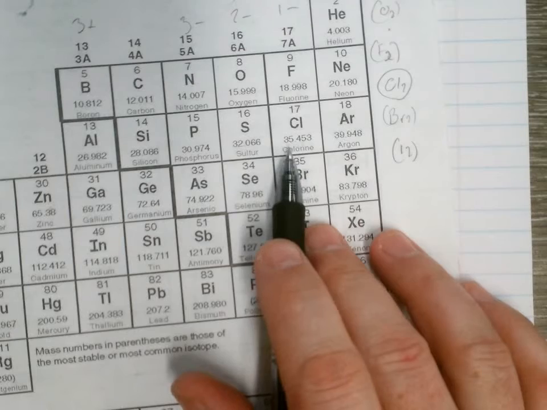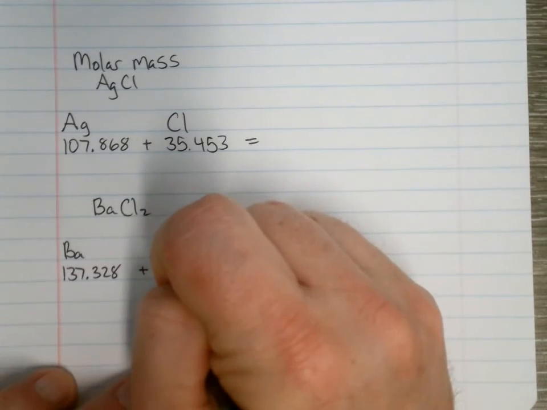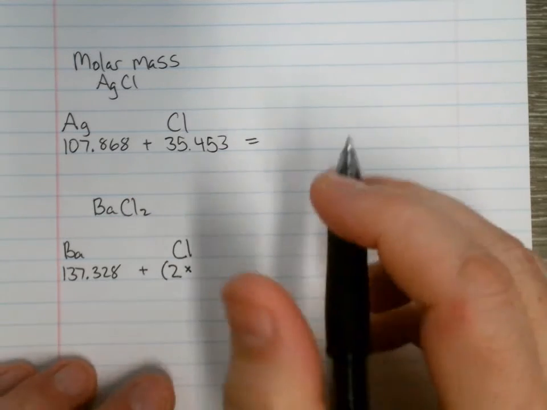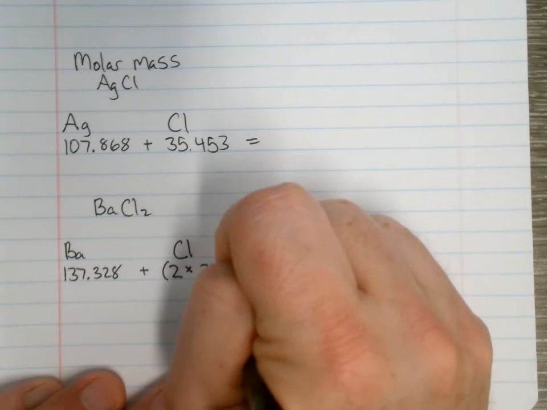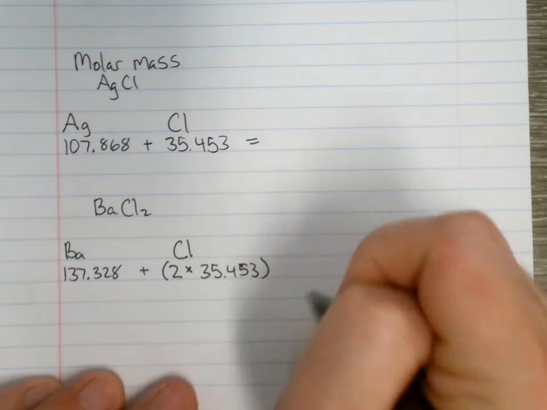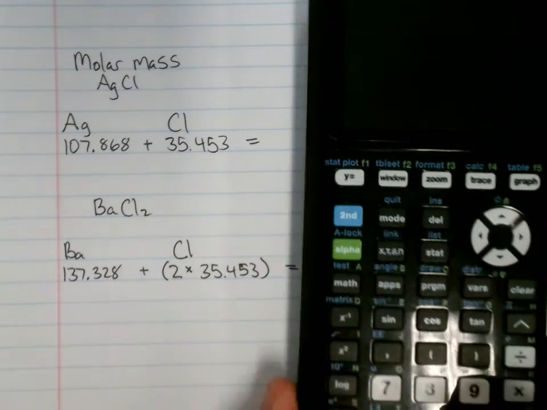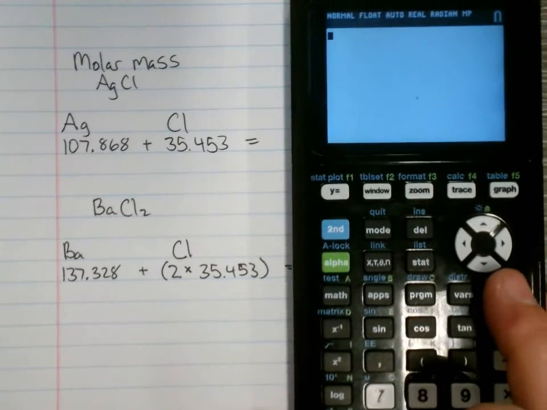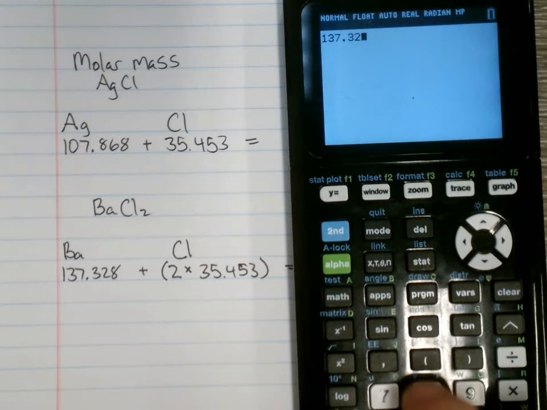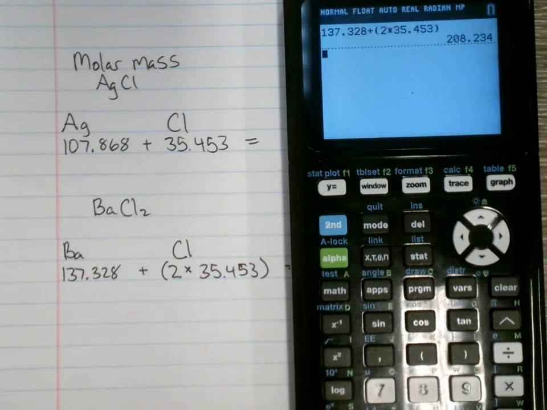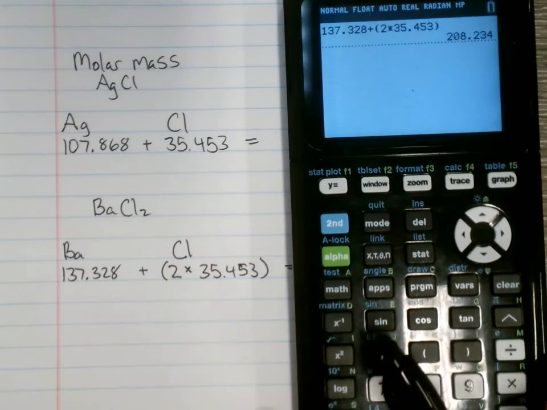Chlorine again is 35.453, and there are 2 of them here. So 137.328 plus 2 times 35.453 gives 208.234.